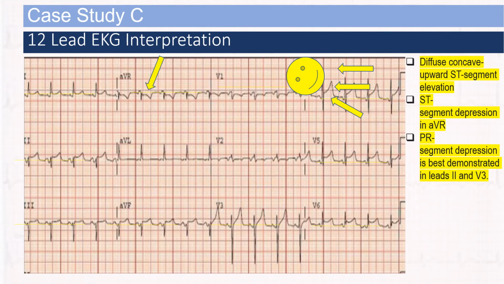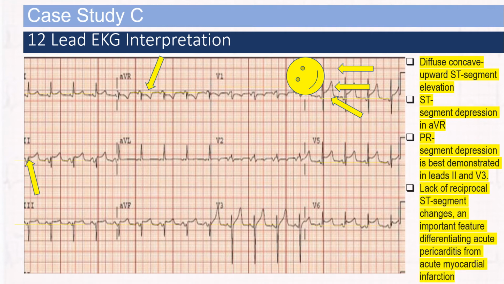And if you look very closely at V3, you can see that although there's ST elevation, the PR interval is also depressed. And there's a lack of reciprocal ST segment changes. This is an important feature in differentiating acute pericarditis from acute myocardial infarction.